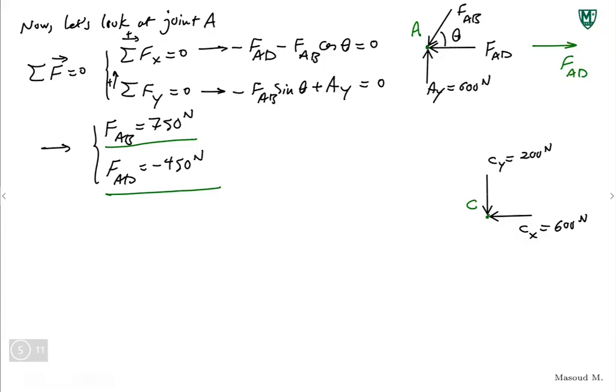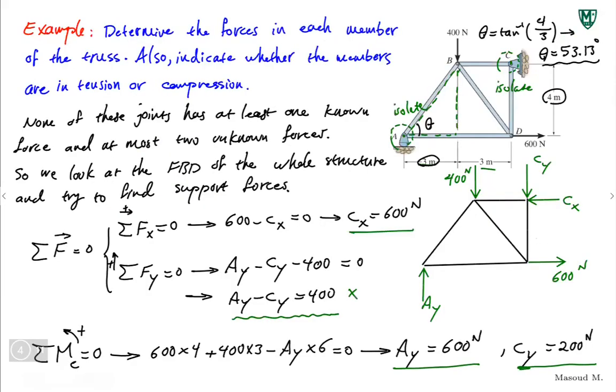All right. Now let's look at the other forces. Let's look at BC and CD and see what we can get from that. Now, these two, let me see how I can explain that.